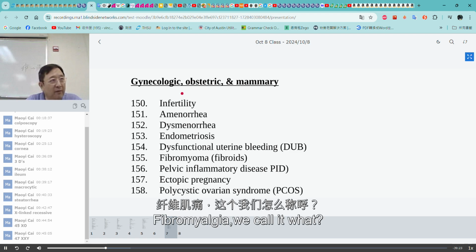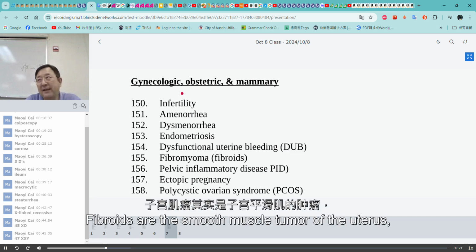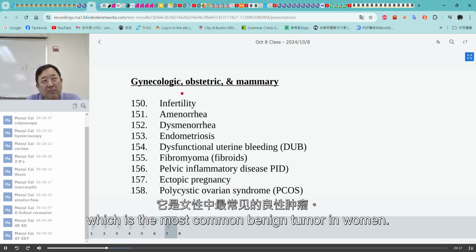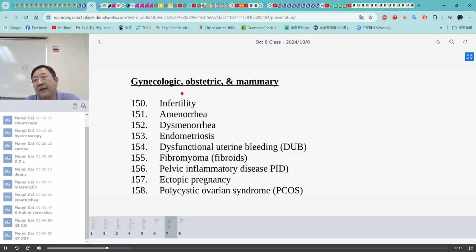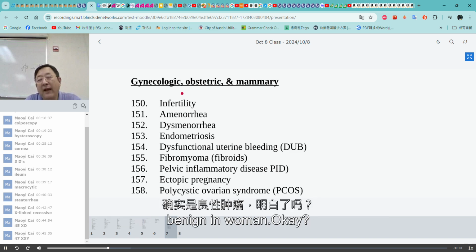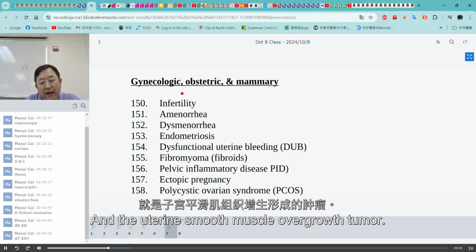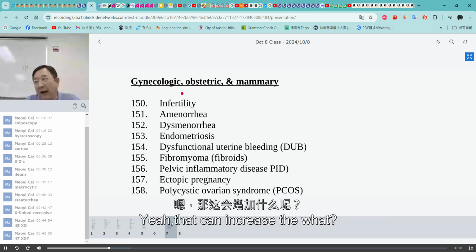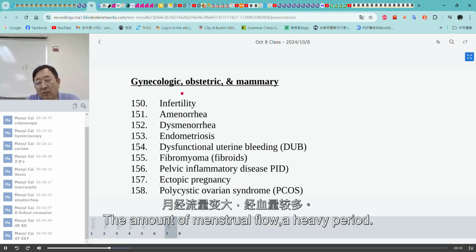Fibroids are the smooth muscle tumor of the uterus, which is the most common benign tumor in women. It's not cancer. It's a uterine smooth muscle overgrowth tumor. That can increase what? The amount of menstrual flow, a heavy period.